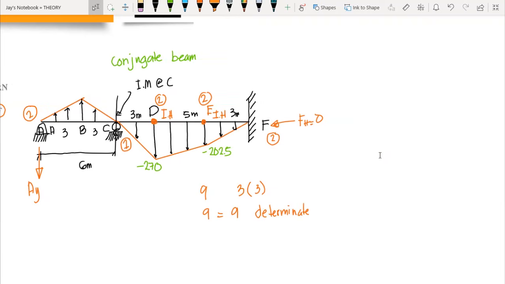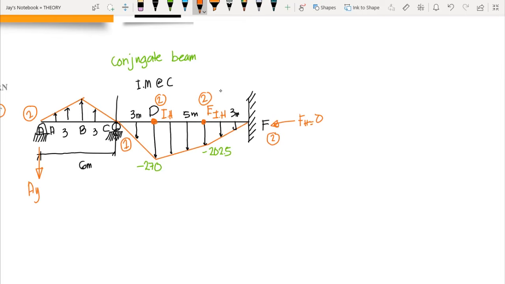So that we could isolate this triangle, and we can solve the internal moment at point C. But how are we going to compute AY? Since we have three exterior supports, we can't directly solve AY without applying simultaneous equations. So in this case, I'd like to sum up moment at D. We cut at point D, and after that we cut at point E, then sum up moment again, so that we would have two variables here.